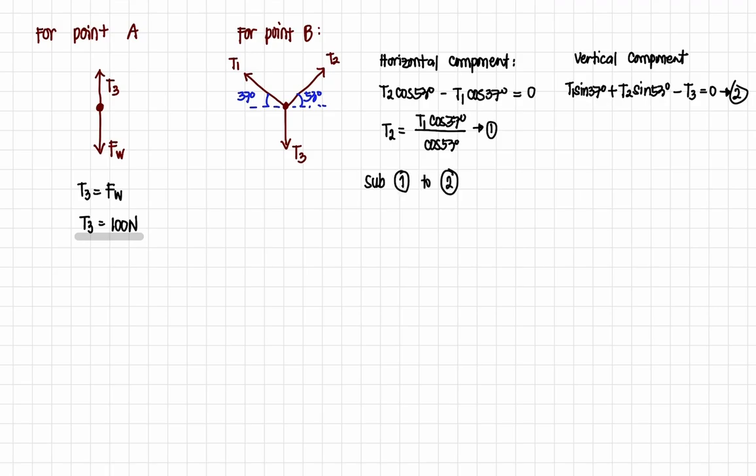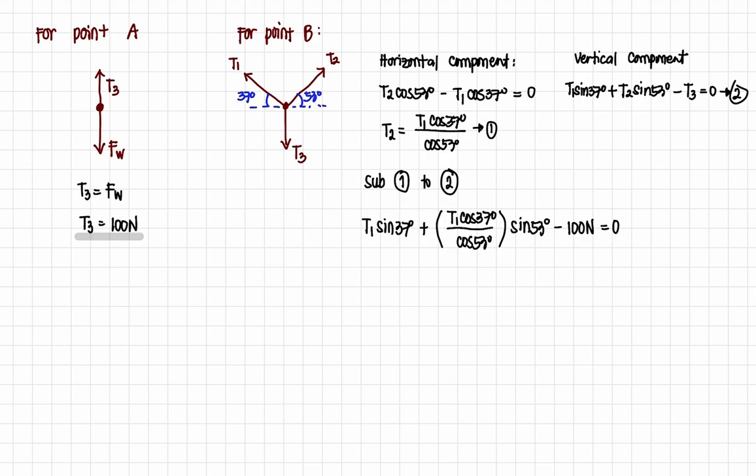So this is already what we call solving systems of linear equations. We have two equations and two unknowns because T3 is already given, which is 100 newtons. So T1 sine of 37 degrees plus T2, substituting, is T1 cosine of 37 degrees over cosine of 53 degrees times sine of 53 degrees, minus T3, which is 100 newtons, equals 0.